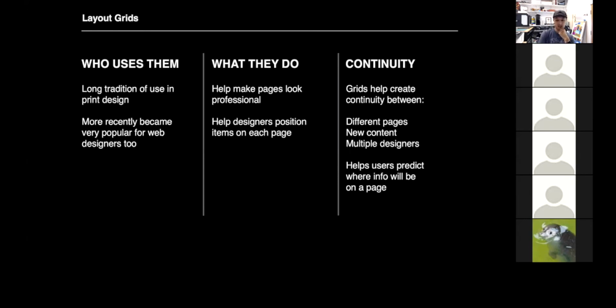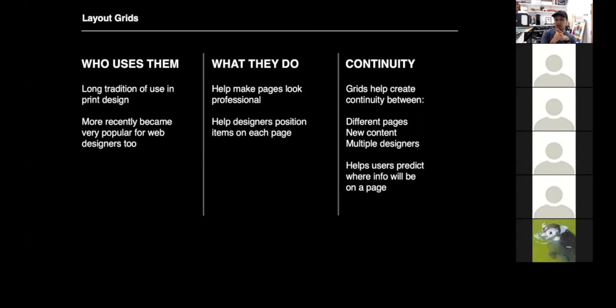What do they do? It makes the design look more professional, helps the designer position all the assets on the page and just have general structure and a bit of visual architecture for the website. Helps everything be in place and helps the user navigate from one area to the next.